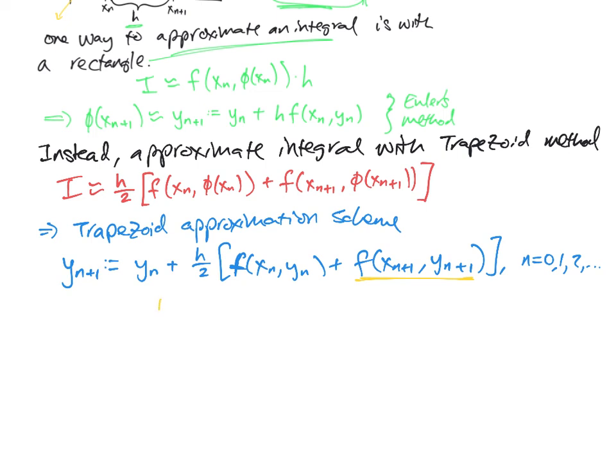So this is an implicit method. And that means that it's not really obvious how you'd actually solve this in practice.